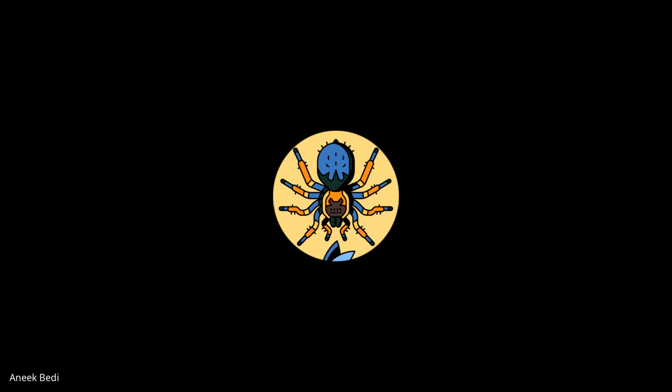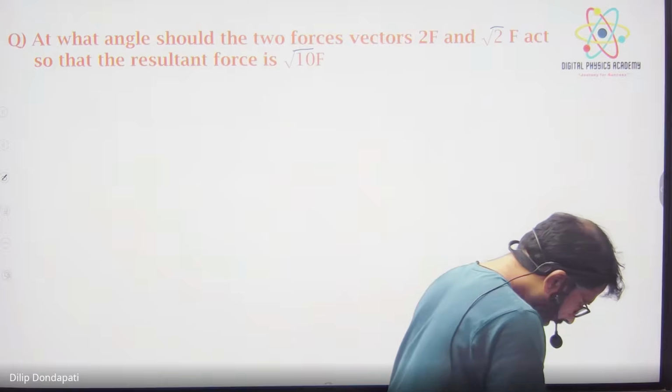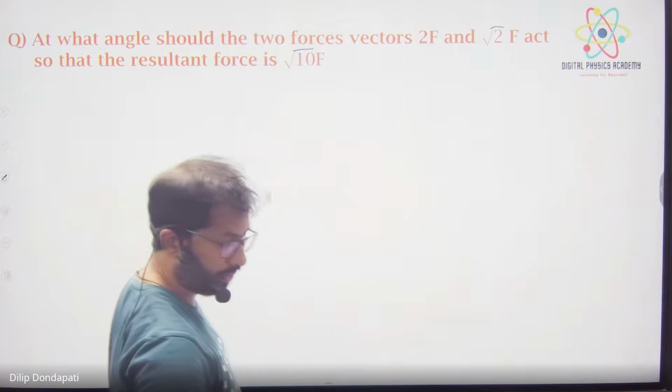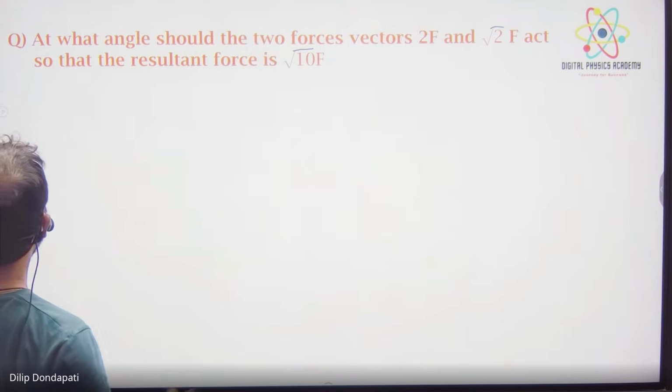It's 45 degrees. 1 by root 2 equal to cos theta. Yes, correct. So same formula, right? R equal to root of A square.